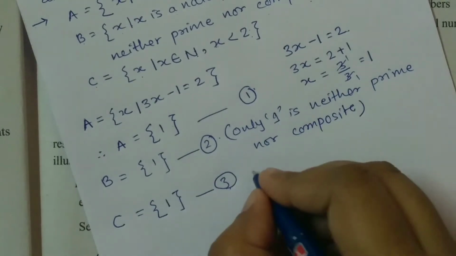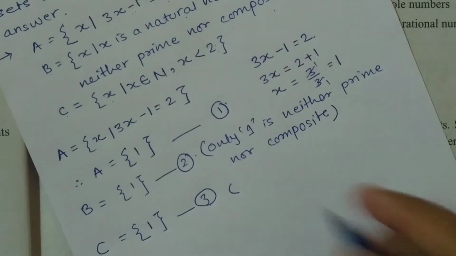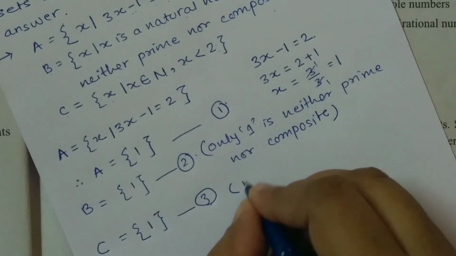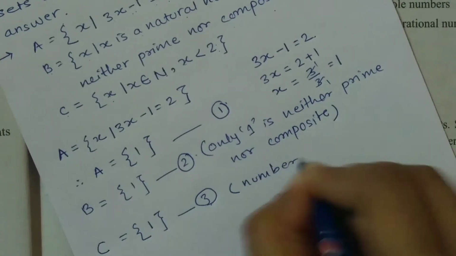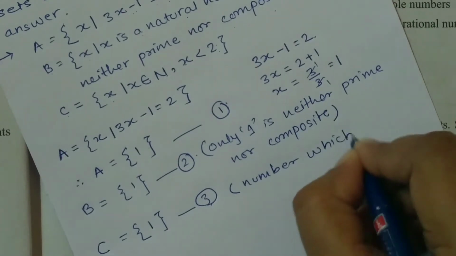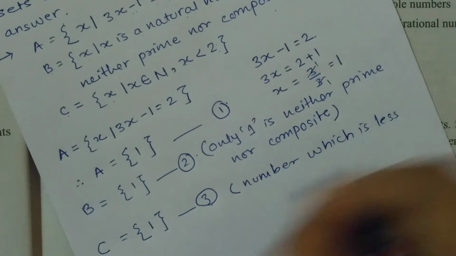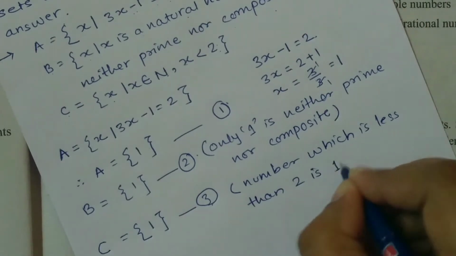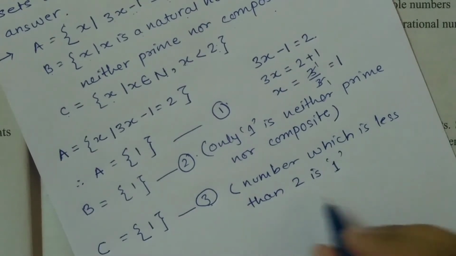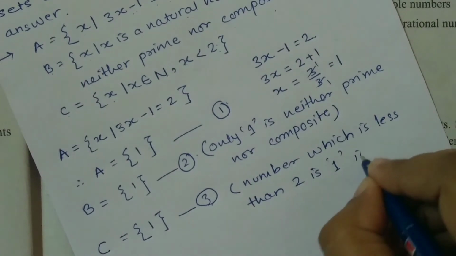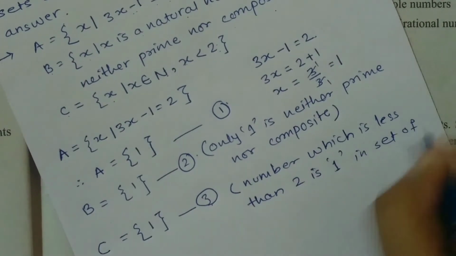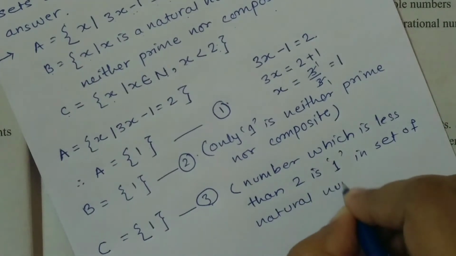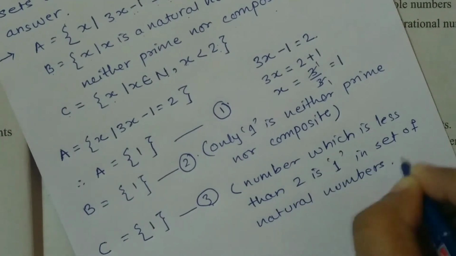Equation 3. The number which is less than 2 is 1 in the set of natural numbers.